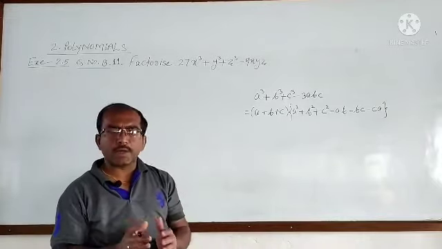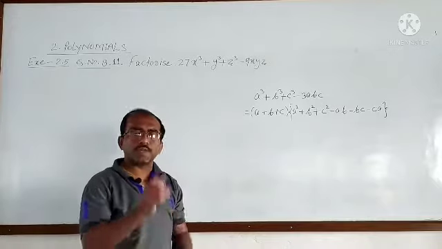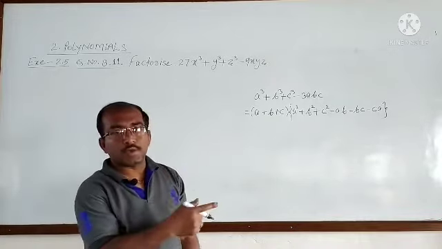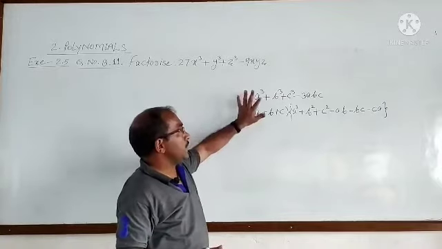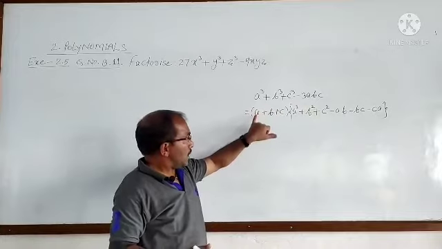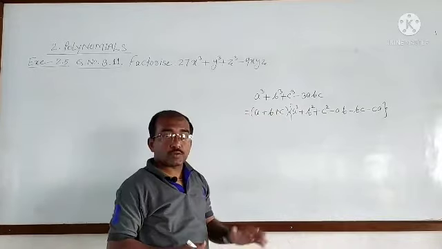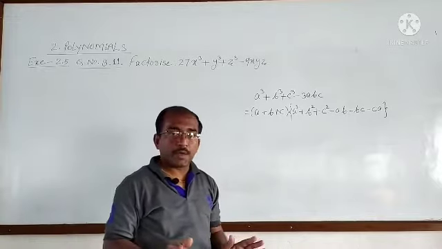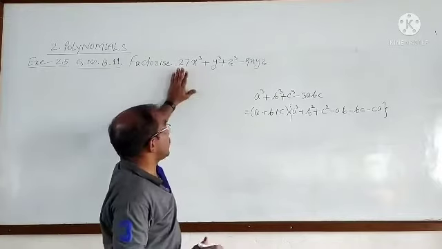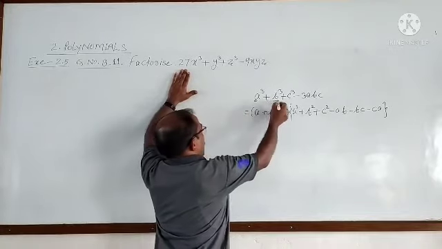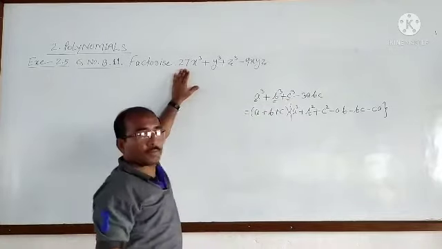We need to set our mind that the first term has got cube, the second term also has got cube, and the third term also. So whatever may be a cube plus b cube plus c cube minus 3abc, that means it is equal to a plus b plus c into a square plus b square plus c square minus ab minus bc minus ca. And we will now find what can be this a and b and also c.